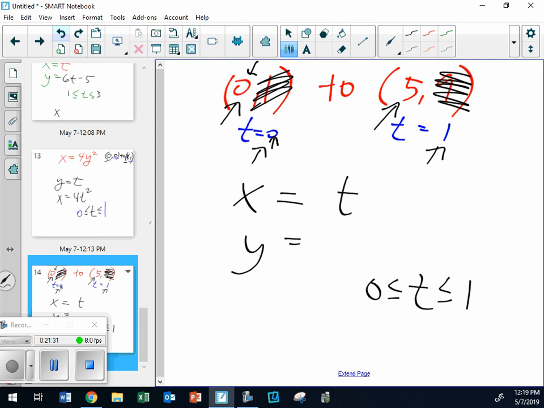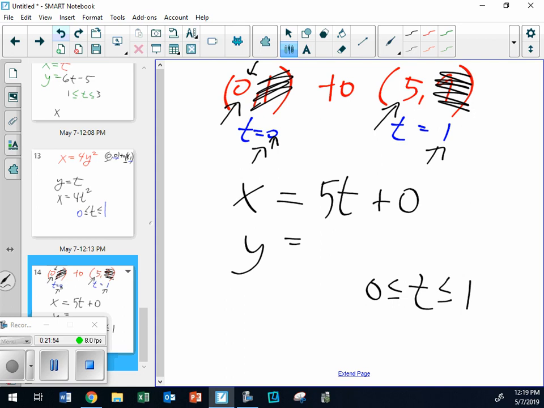All right. So it's going to be 5t plus what? 0. 5t plus 0 is the same thing as 5t. I would agree. But the reason I'm putting it this way is because I'm going to say this.